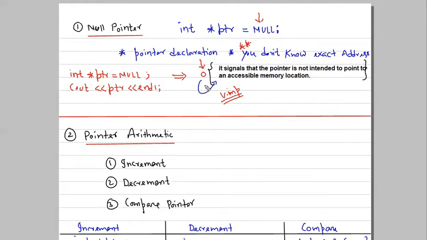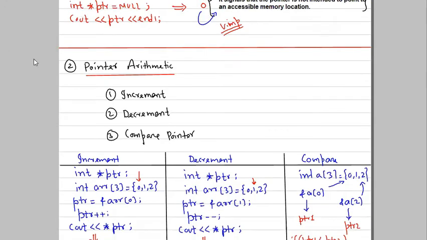The CPU understands that, which is why it would return 0 in your response. It signals that the pointer is not intended to point to any accessible location. So 0 in CPU terms is pointing to nothing.